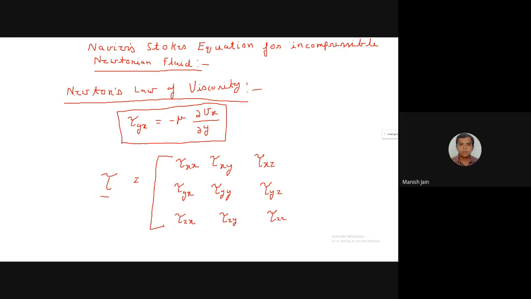So these are the 9 components of shear stress. Now in these components, tau xx, tau yy, and tau zz are the normal stresses, and the others are the shear stresses.